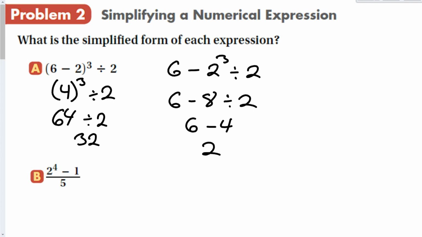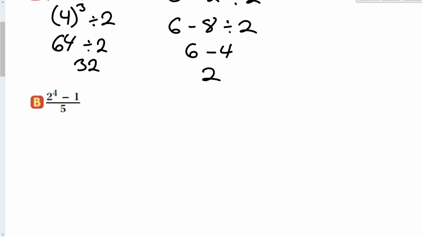Okay? How about part B? Notice that the 2 to the fourth power minus 1 is both over 5. That makes a big difference because we're going to have to do everything up top first before we simplify the expression. So 2 to the fourth power becomes 16 minus 1 over 5, okay, which is 15 over 5.